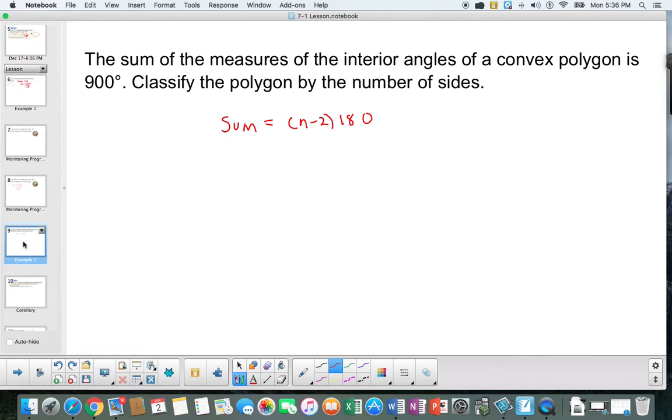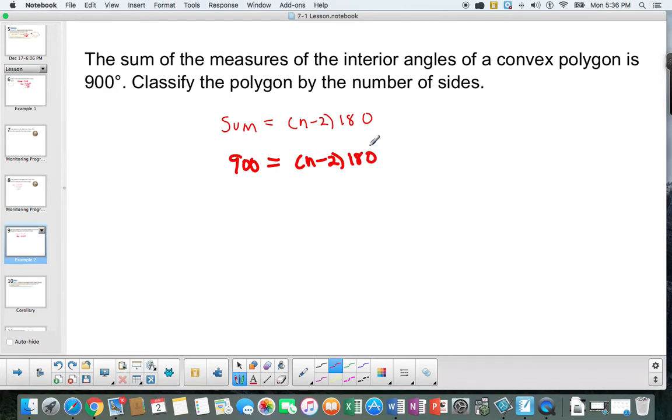The sum of the measures of the interior angles of a convex polygon is 900. This is kind of a backwards problem. They're not giving us the sides, they're giving us the sum. So here's the formula again, but this time I'm going to put 900 here as the answer, and then I have n minus 2 times 180.